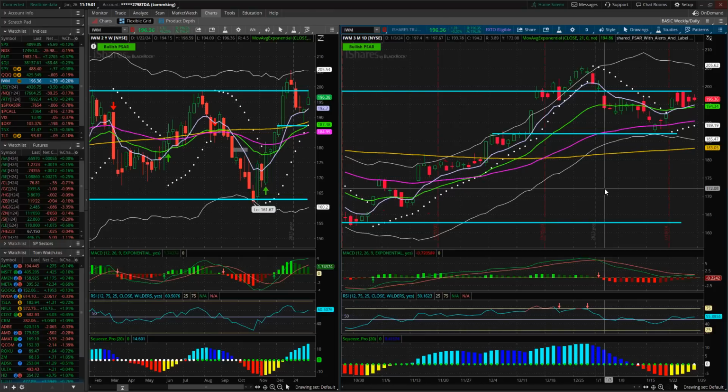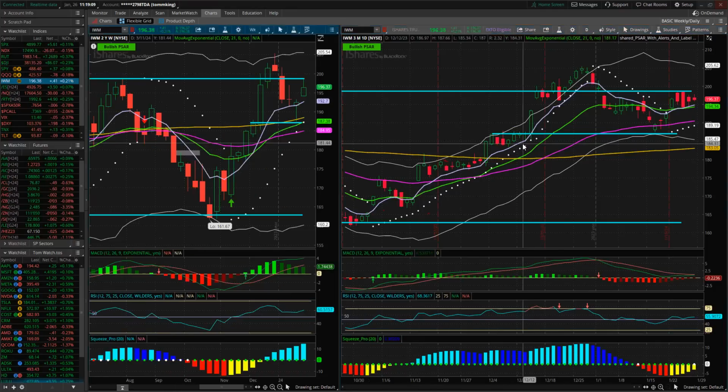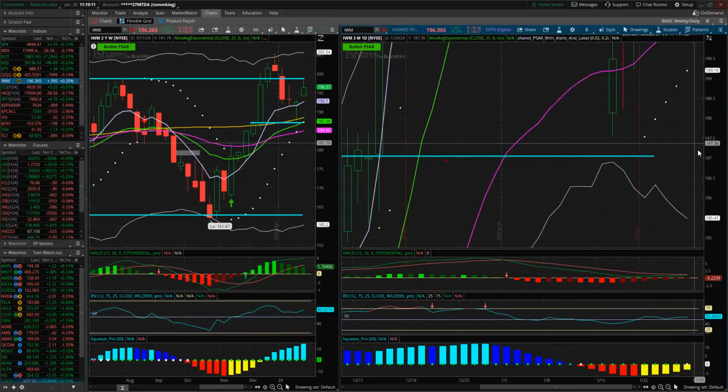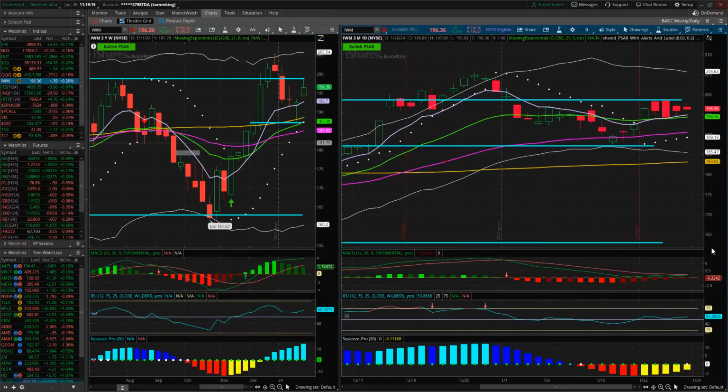Again, I'm just giving you a sense of how I'm looking at it. If this helps you, great. If not, the weekly is more important than the daily to me. Okay, so the weekly to me is more important because my trades are 60, 90, and 120 days out.